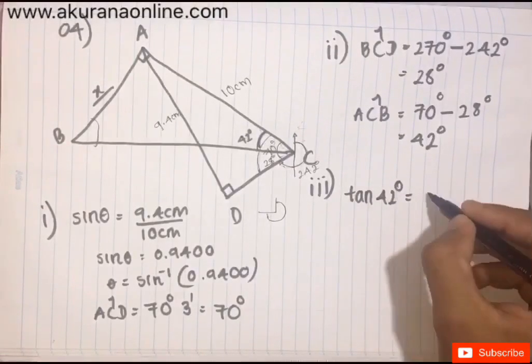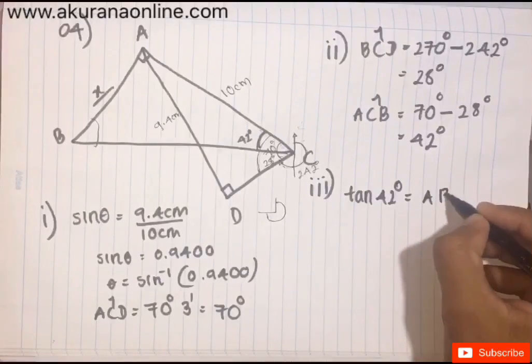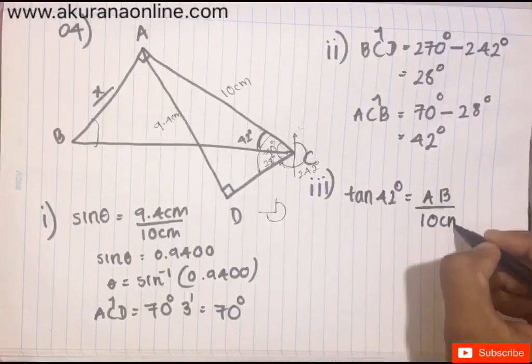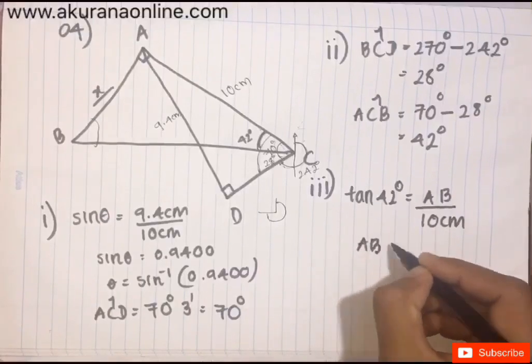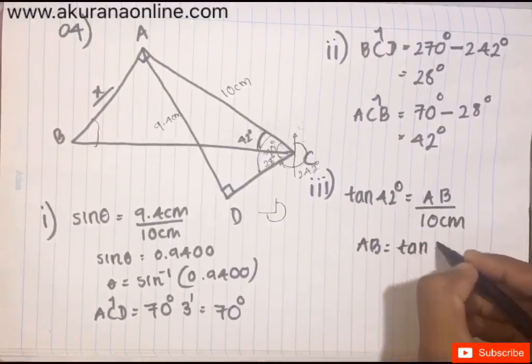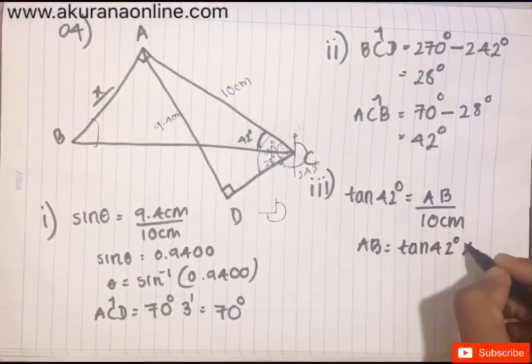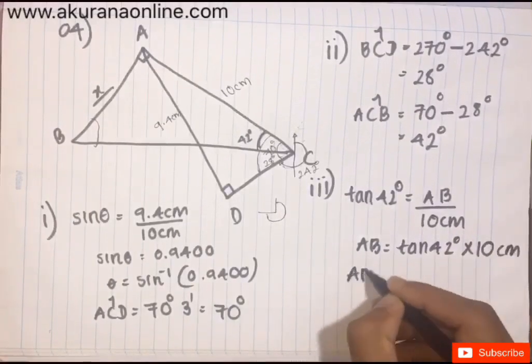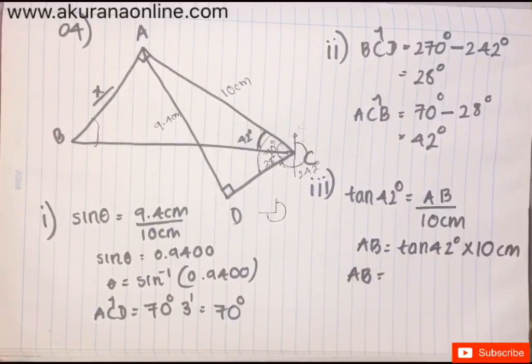That is equal to opposite over adjacent. Opposite is equal to AB. Adjacent is equal to 10 centimeters. Therefore, AB is equal to tan 42 degrees multiplied by 10 centimeters. Finally, AB will be equal to, you have to find the tan value of 42. That will give you the answer.